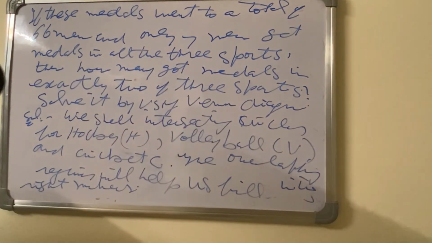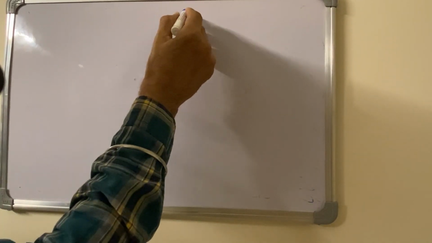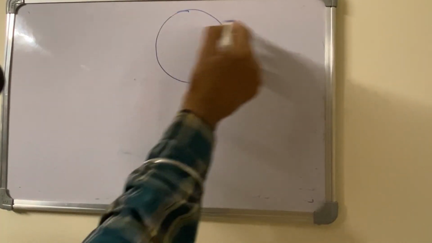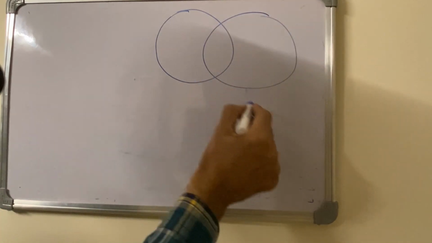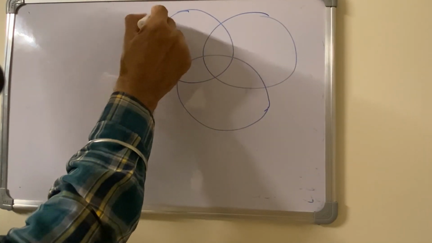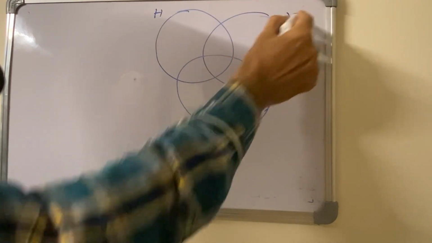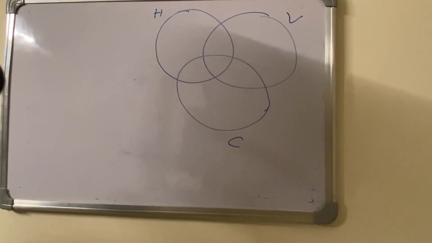So first of all, we draw three intersecting circles. This circle denotes hockey, and this is volleyball, and this is cricket.